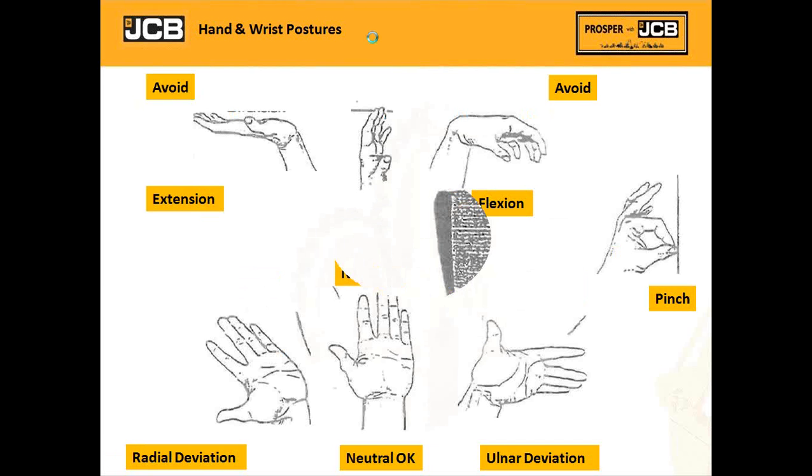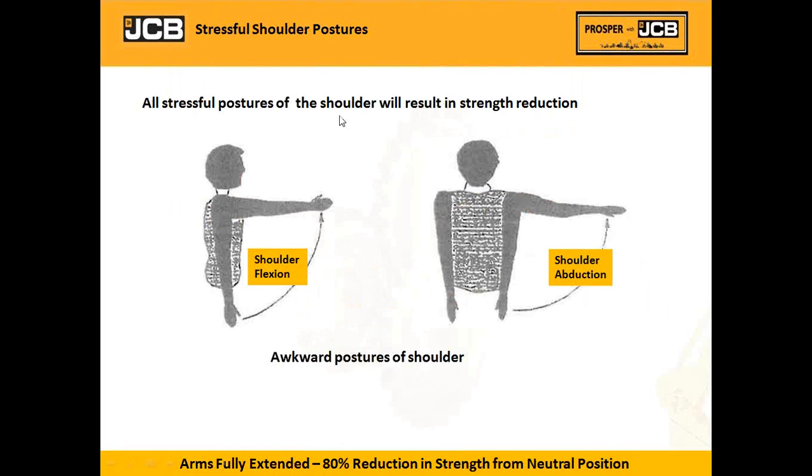Now look at the shoulder posture. Now if the person's hand is straight to his body in this way or in this way, and as the hand is raised to the upper side or to the side like this, with every increase in the angle, our shoulder is getting stressed and our lifting capacity is getting reduced.